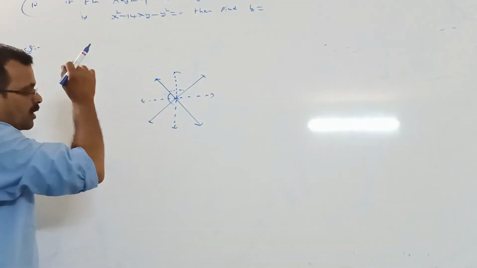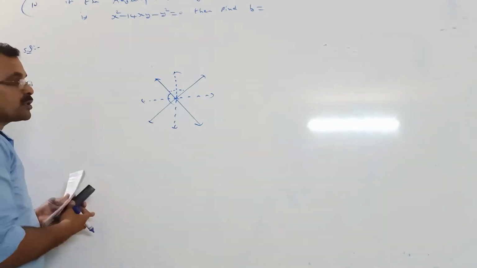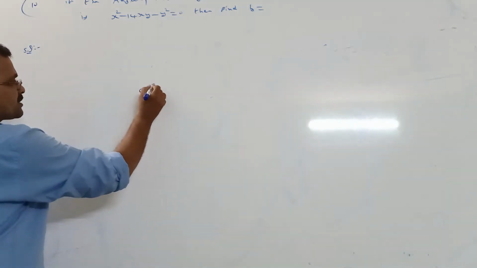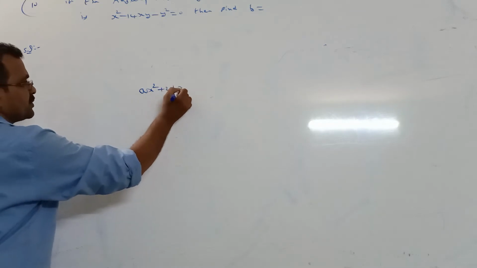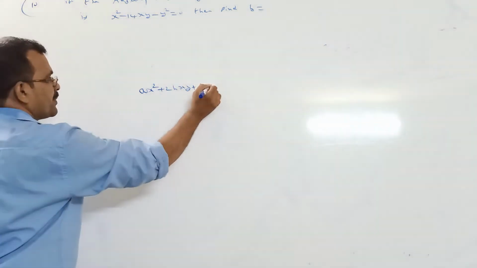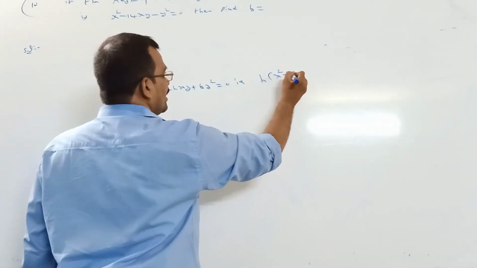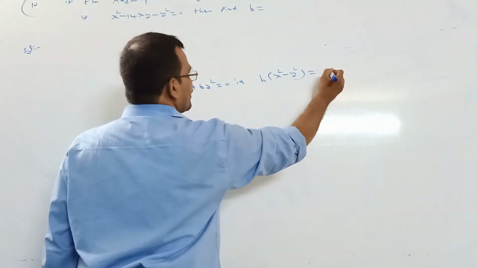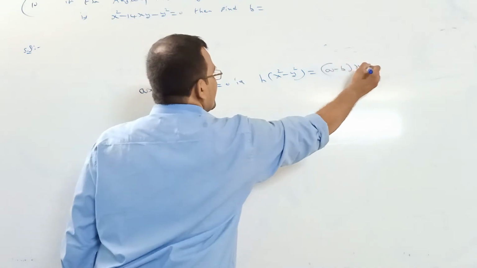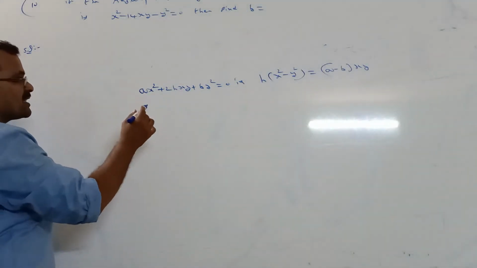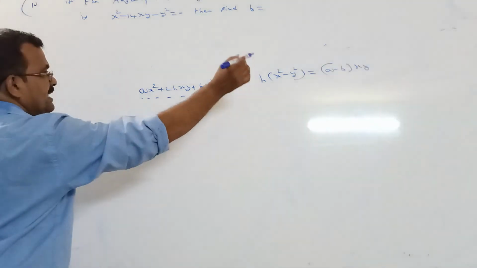Angular bisectors are always perpendicular. So we have one standard theorem. The angular bisectors of ax square plus 2hxy plus by square equal to 0 is h of x square minus y square equal to (a minus b) into xy. That is the pair of angular bisectors of the pair of lines.